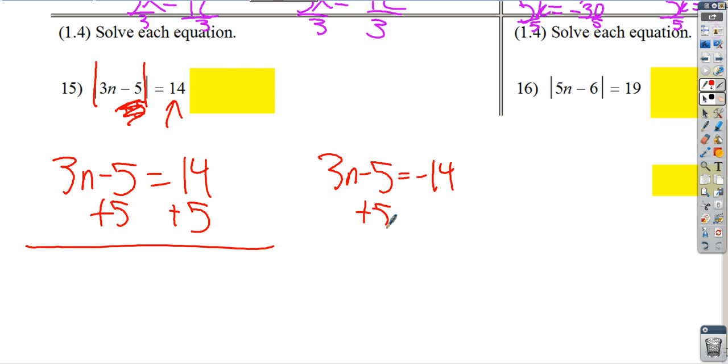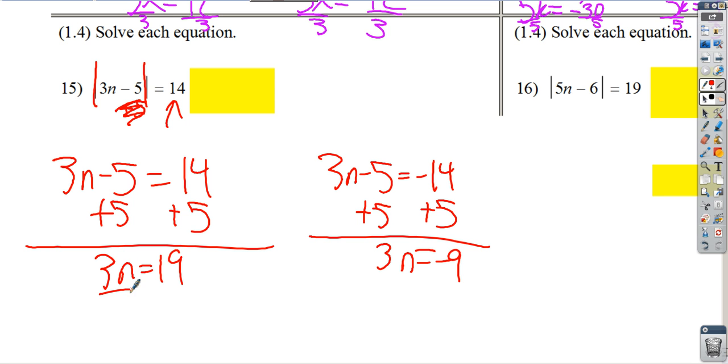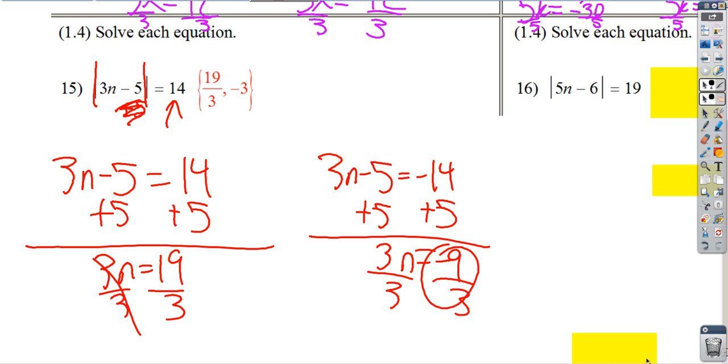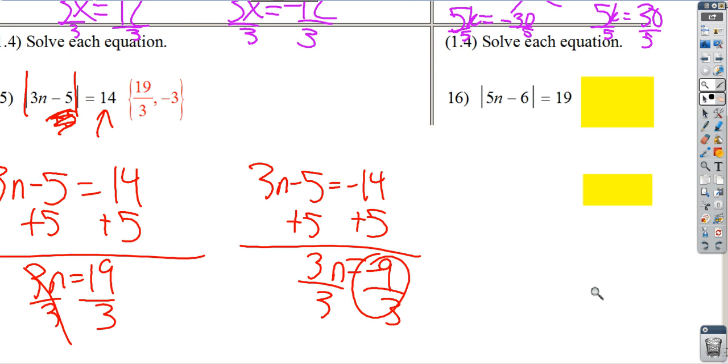Same thing over here. So negative 14 plus 5 is negative 9. 3n equals that. And over here 14 plus 5 is 19. And we'll divide by 3. We divide this by 3. Negative 9 divided by 3 is negative 3. And 19 divided by 3 is just 19 divided by 3. You could also change that to 6 1/3, but you don't have to.